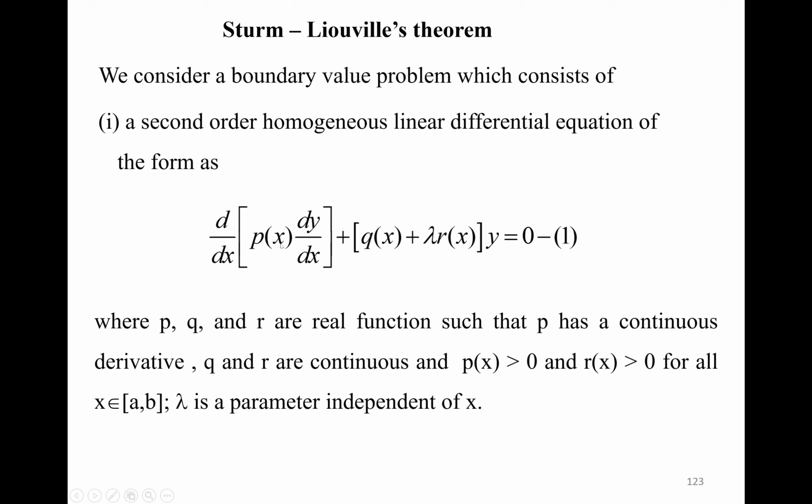And of course p(x), q(x), r(x) are all functions of x, and p has a continuous derivative, and q and r are continuous functions, and p(x) and r(x) are greater than 0 for all x which belongs to [a, b]. a and b are boundaries, and lambda is a parameter which is independent of x.